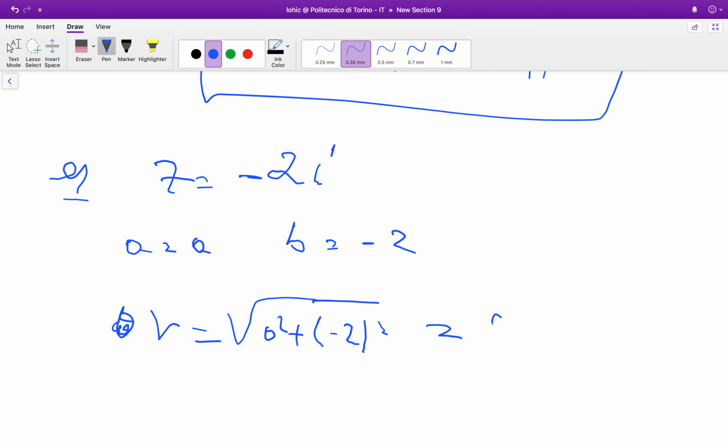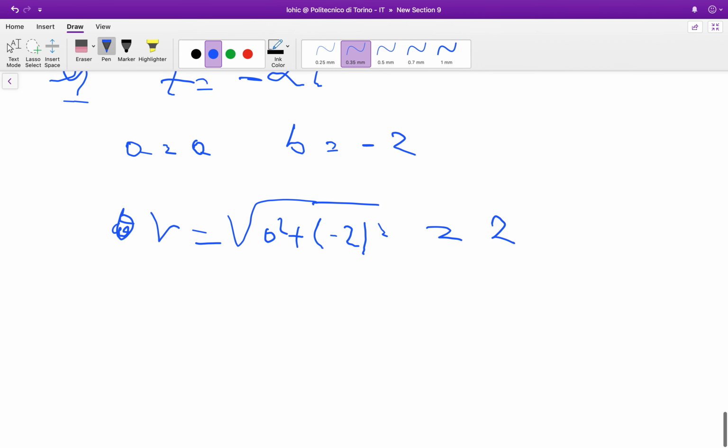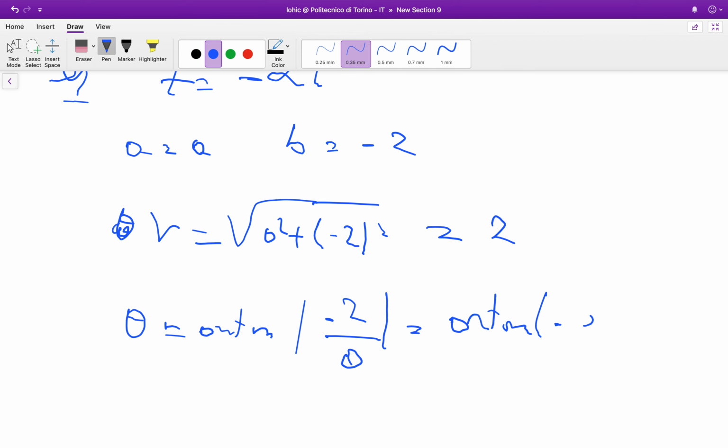That will be 2. This is r. Now theta will just be arctan of b, which is minus 2, over 0, which gives me arctan of minus infinity, right?